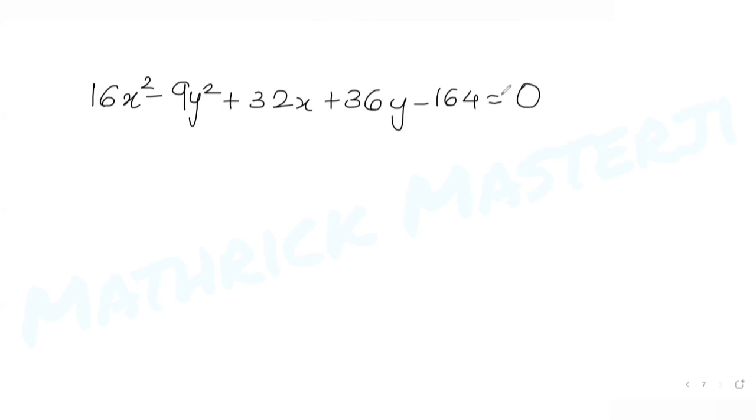So we know that alpha comma beta, that is point P, lies on the hyperbola, so it should satisfy this equation of the hyperbola.